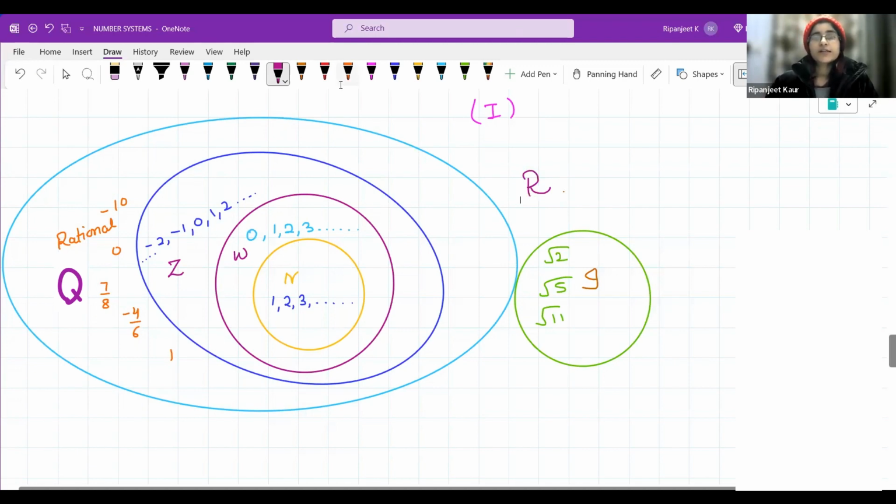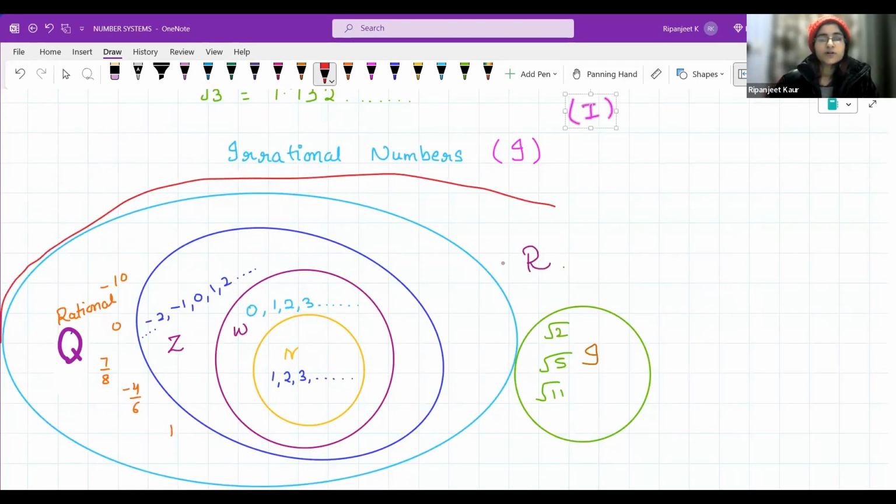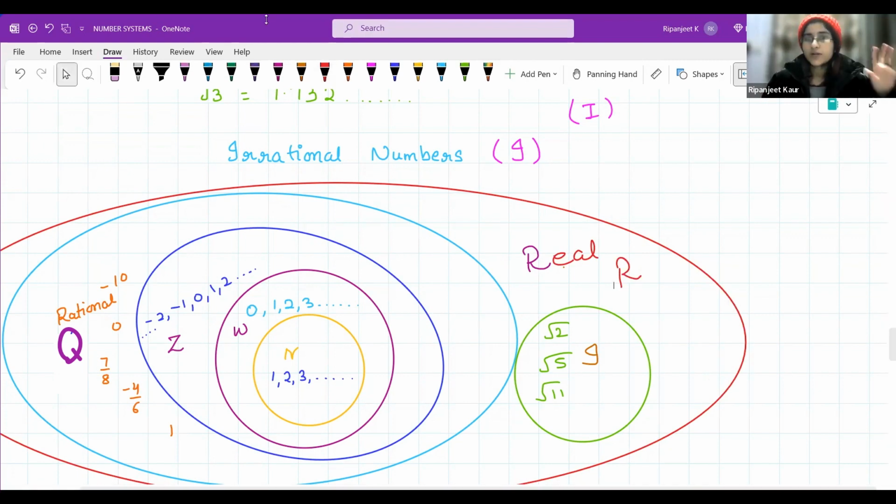So we put a real big circle over it because it is covering all the types of numbers in our system, be it rational, irrational, natural, whole, or whatever.